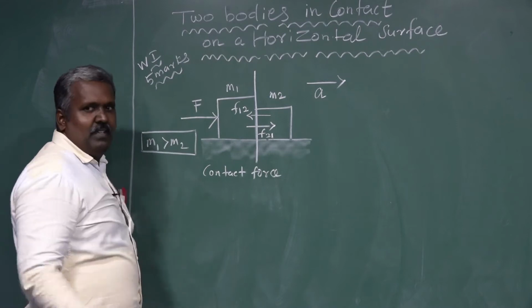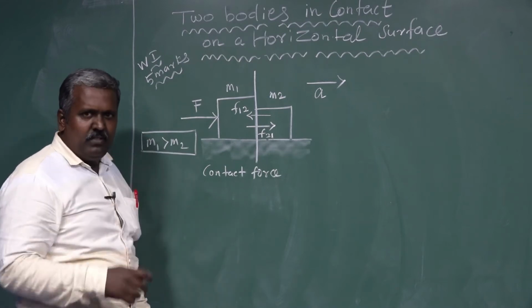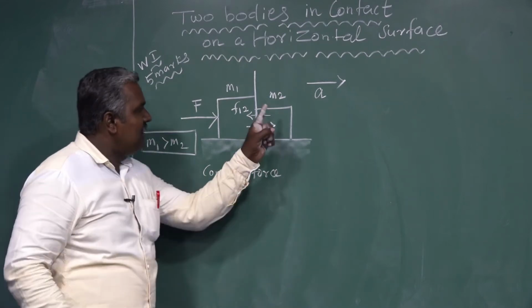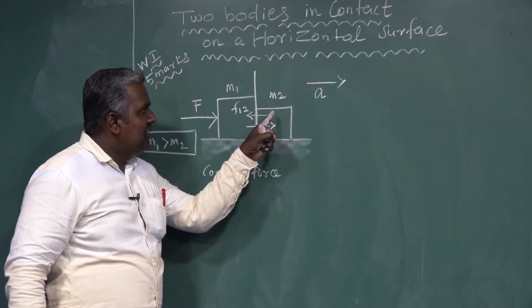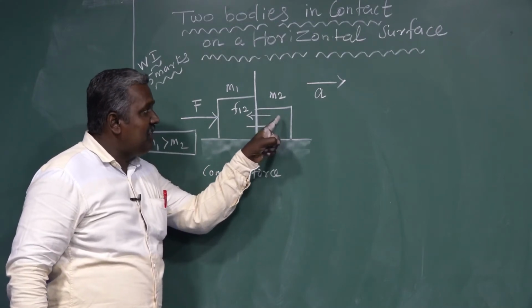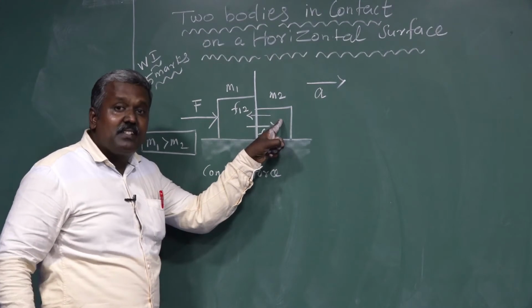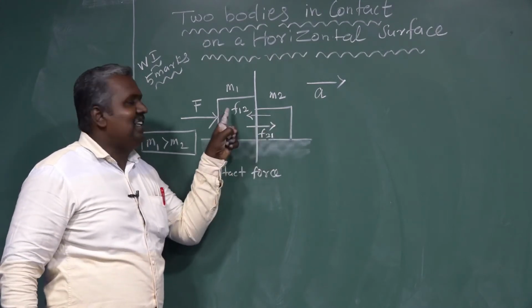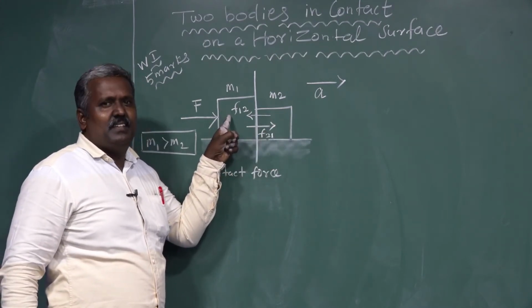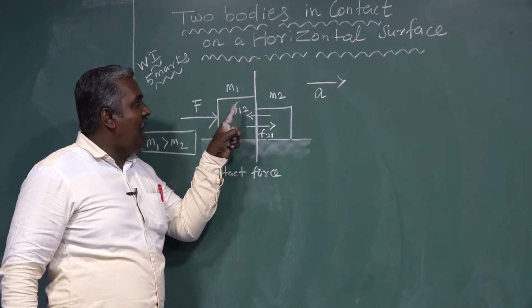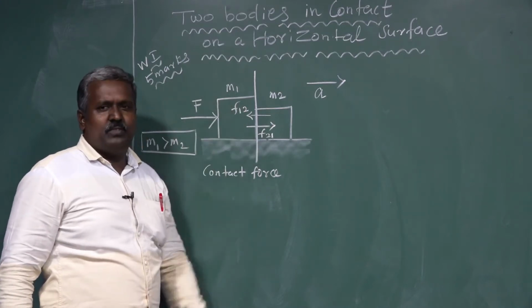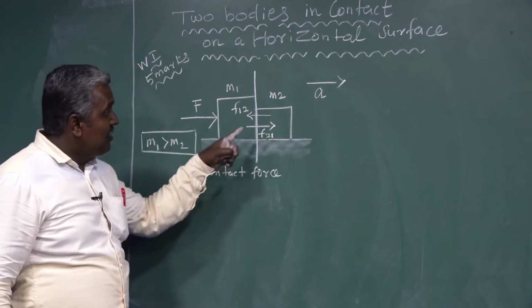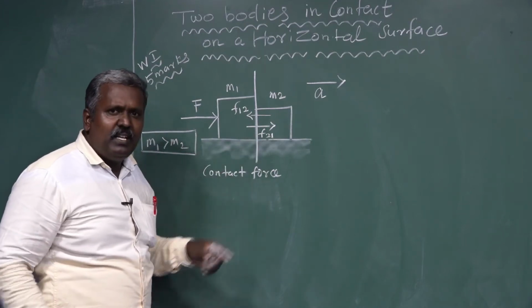Already told you just now. At the same time, the mass M2 also exerts a force on M1. Clear? So by 2 on 1, that is called F12. So this is the contact force or action force.